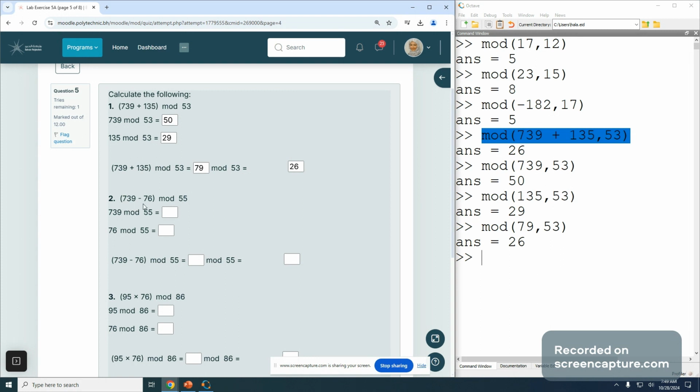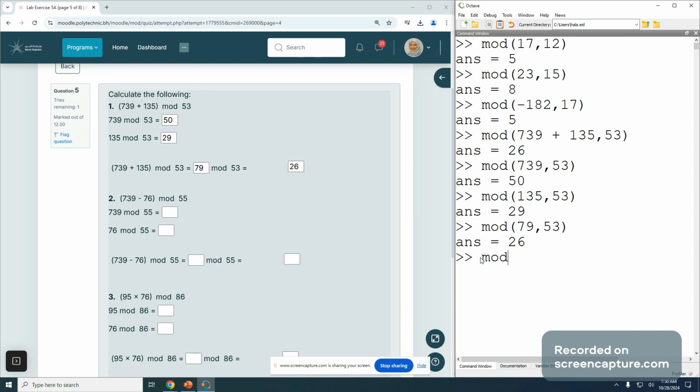It's the same thing for the subtraction, so I am going to go ahead and use the property. This is going to be 739 mod 55. And then 1776 mod 55. And then I take the two numbers and subtract them, mod 55. So let's go and do the first one.